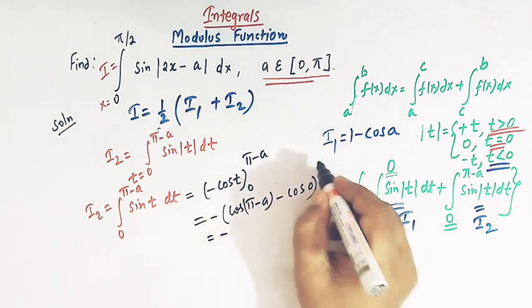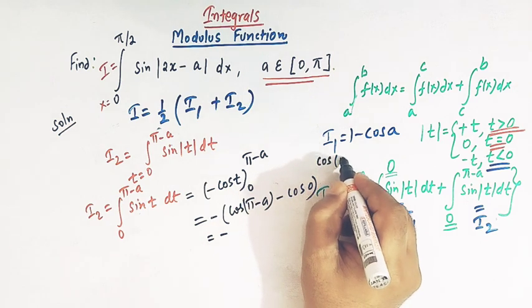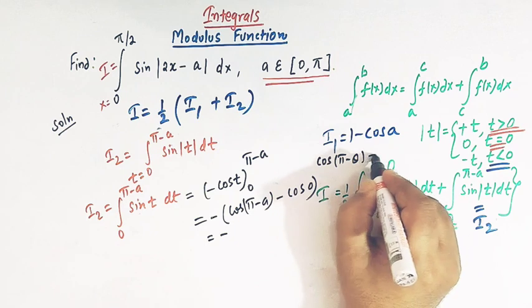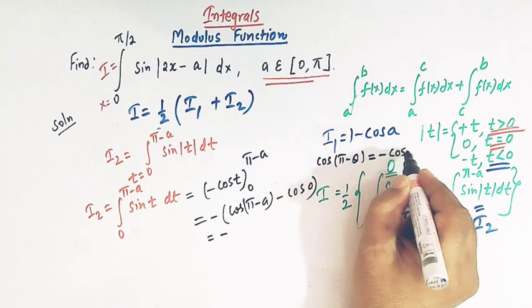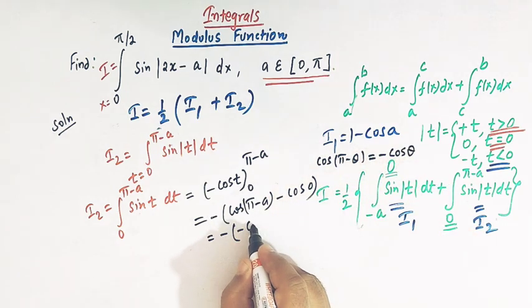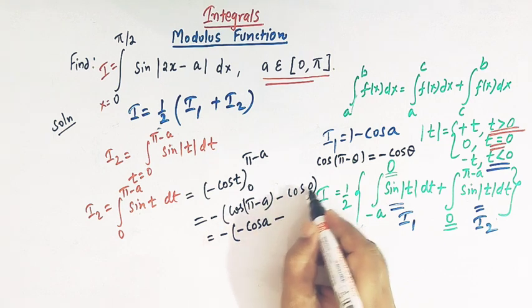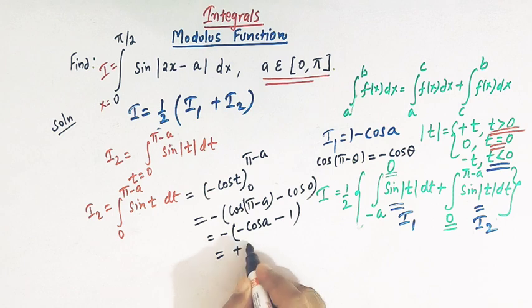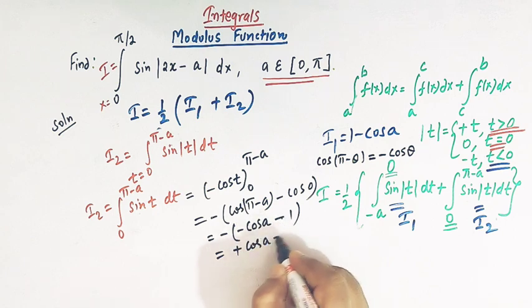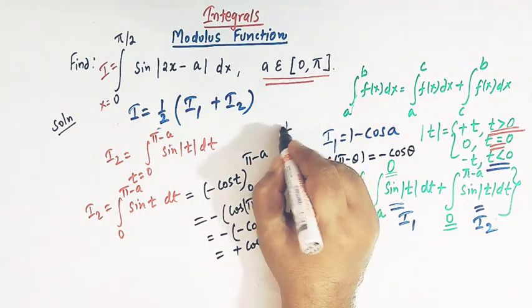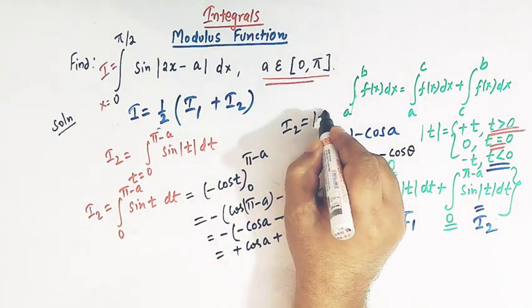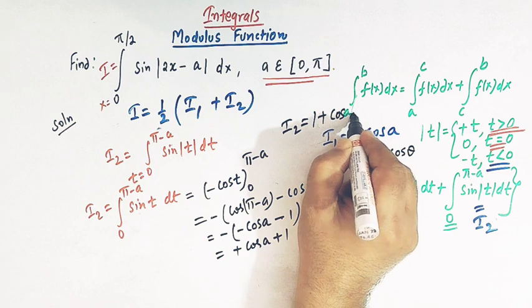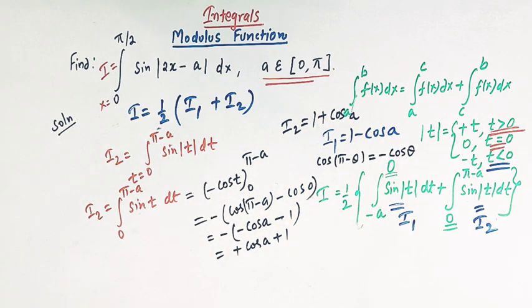Now from trigonometry, we know that cos of pi minus theta is equal to negative of cos theta, right? So we have minus cos of a, and cos 0 is 1, right? So minus minus becomes plus here. Similarly here also we have plus 1, right? So the value of I2 is 1 plus cos of a, right?